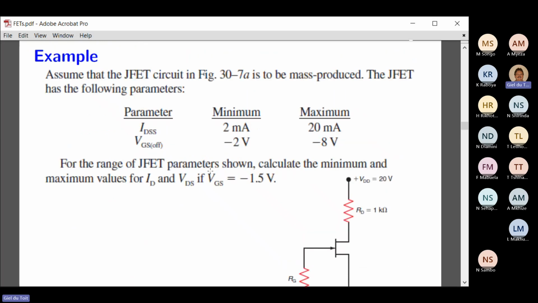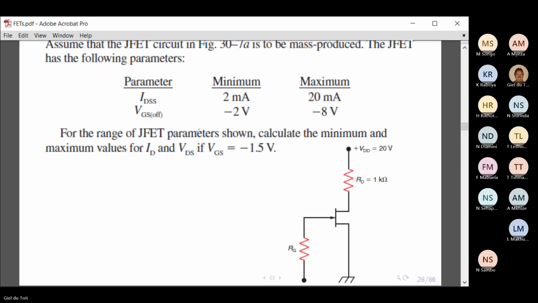So let's just look at this example. In this case, there is your FET with a gate bias resistor here. Now IDSS is 2 milliamp and the maximum current is 20 milliamp. So it can vary from 2 milliamp to 20 milliamp.